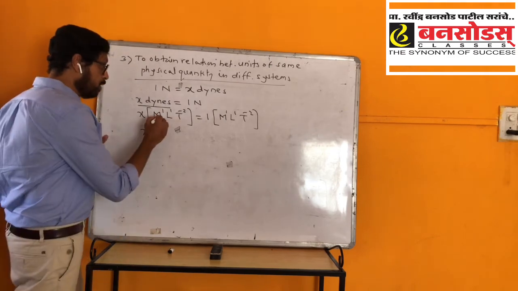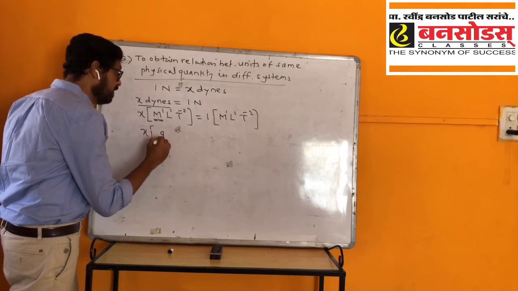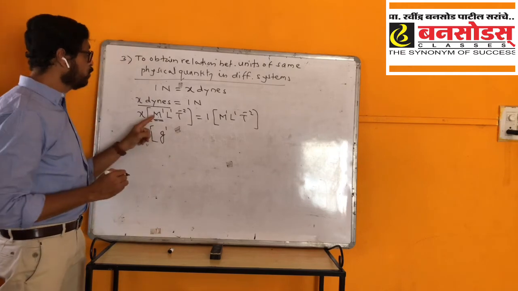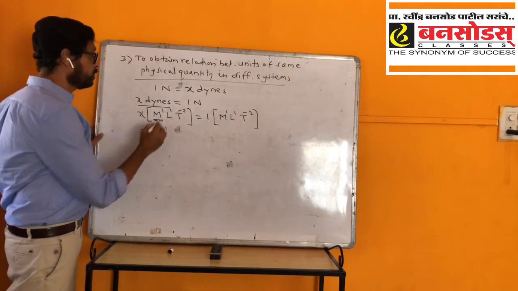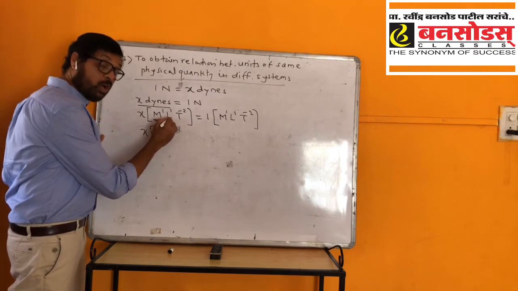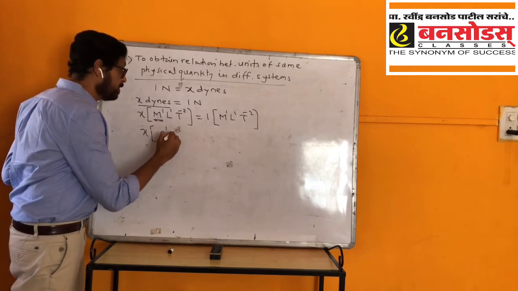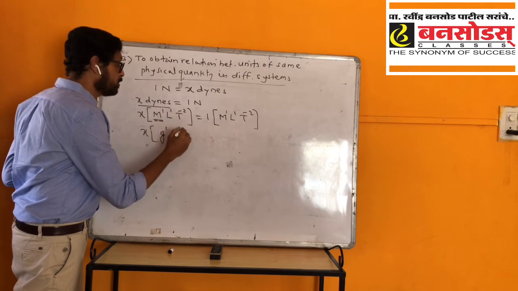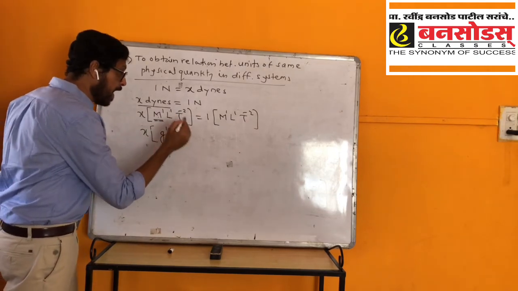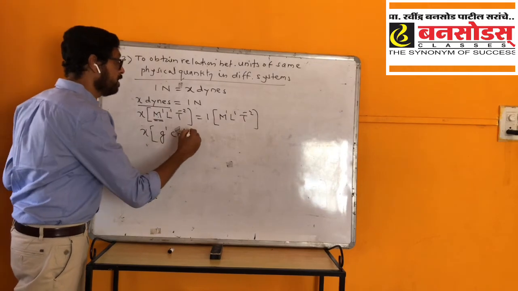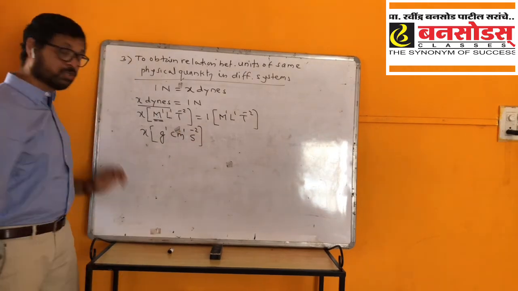So in place of M raised to 1, you write gram raised to 1. In CGS, what is the unit of length? Centimeter raised to 1. In CGS, what is the unit of time? Second raised to minus 2.